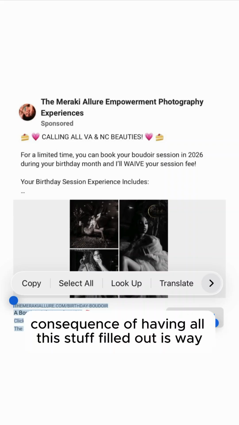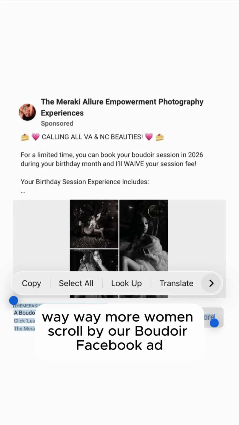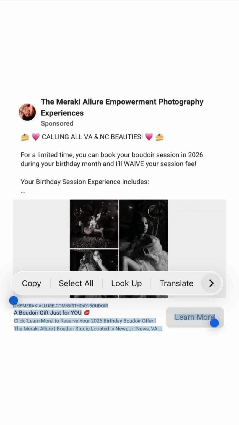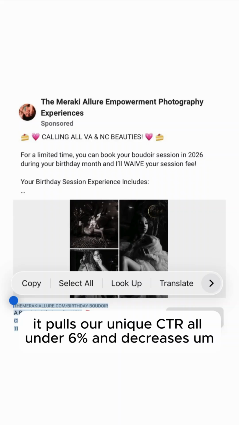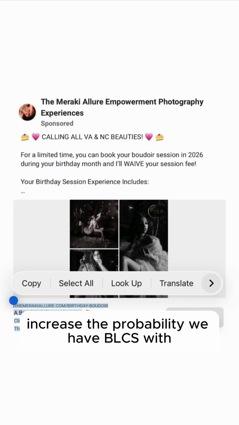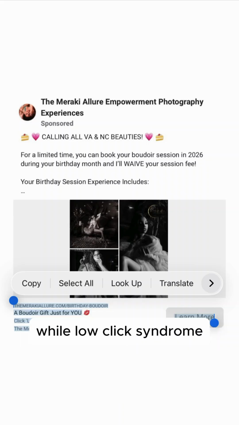So a consequence of having all this stuff filled out is way more women scroll by our Boudoir Facebook ad. As a result, it pulls our unique CTR under 6% and increases the probability we have BLCS, Boudoir low click syndrome.